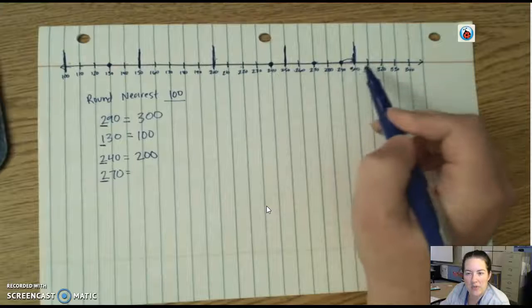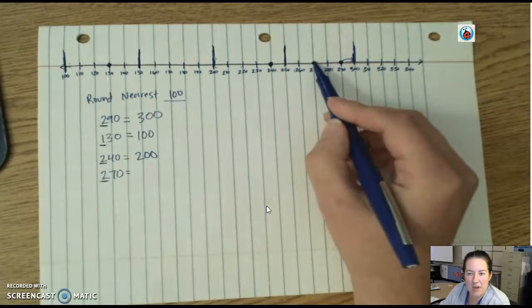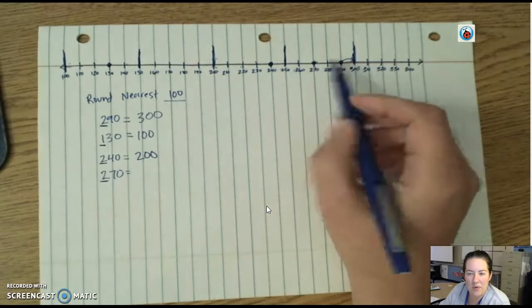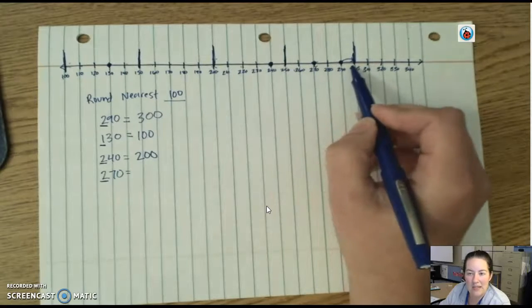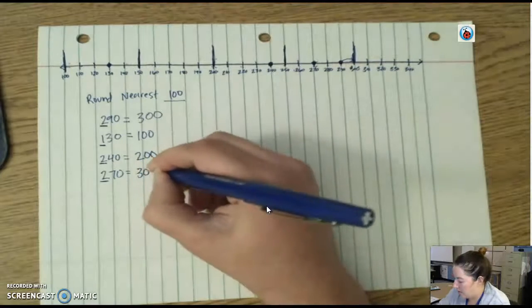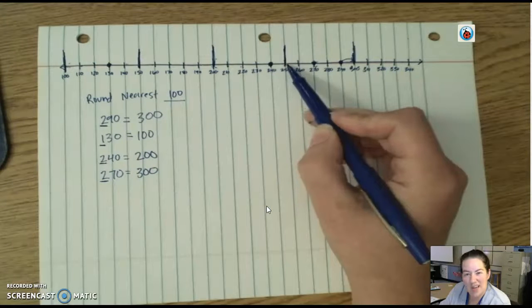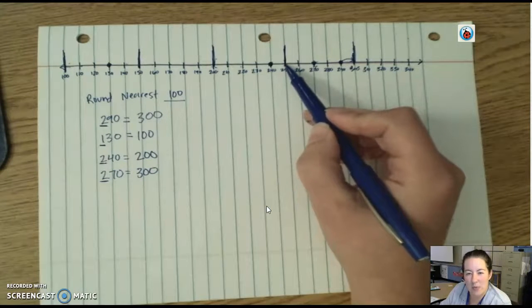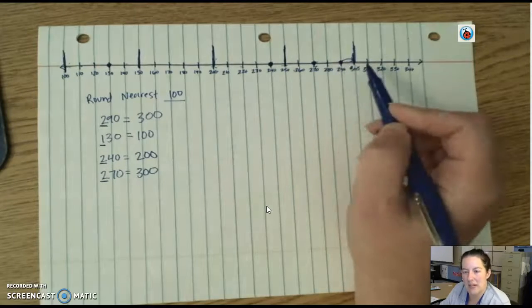Is it going to be closer to 300 or closer to 200? Well, it's only 30 away from 300 and it's 70 away from 200. So it is closer to 300. And another quick way to tell is because I know it's more than half. So half would be 250. It's larger than a half.